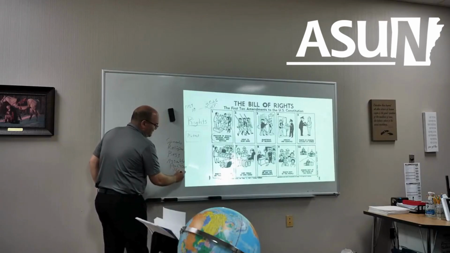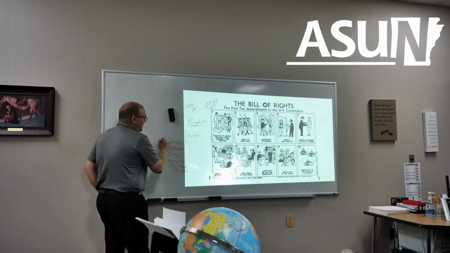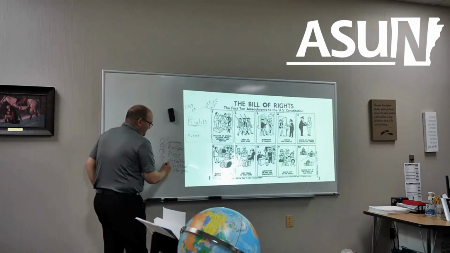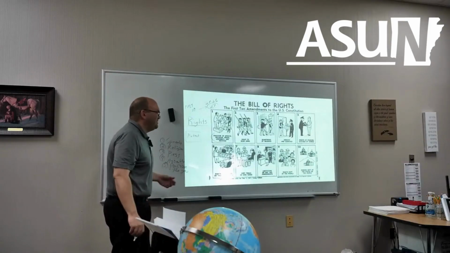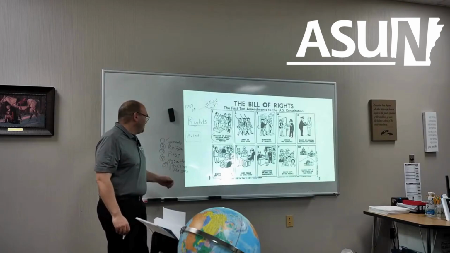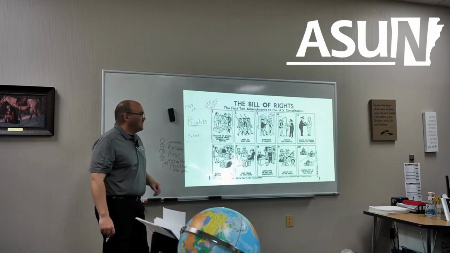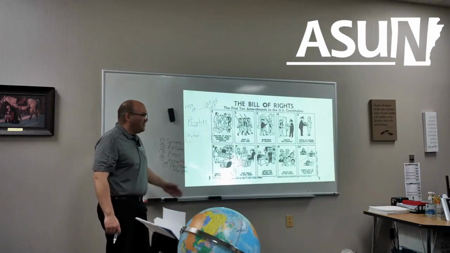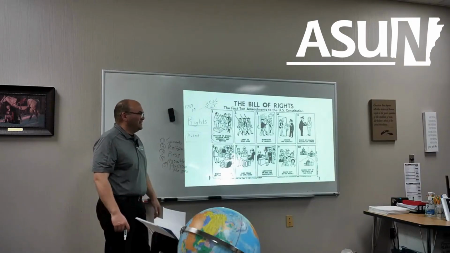Petition the government means if you don't like a law, you can ask that it be changed. Guess what? During the American Revolution and under England, if you didn't like a law, you could protest it, and they did some. But there really wasn't an avenue to where you could protest a law.